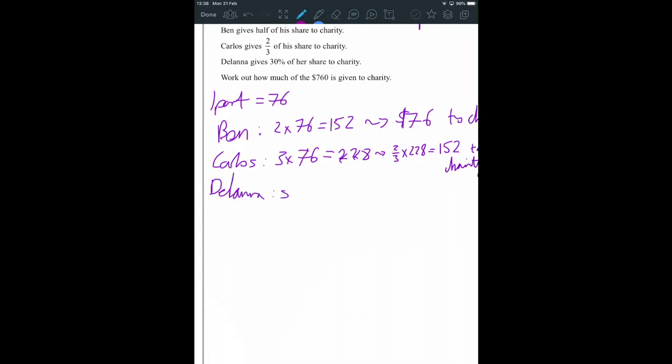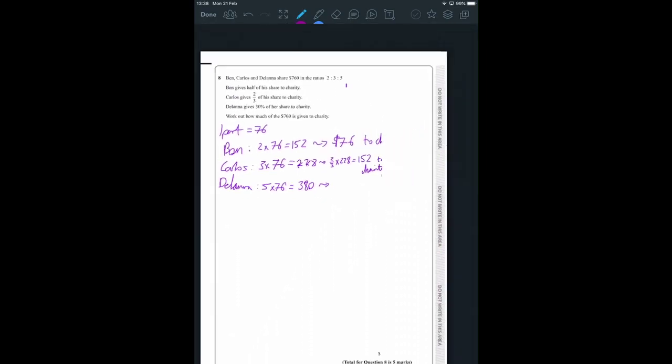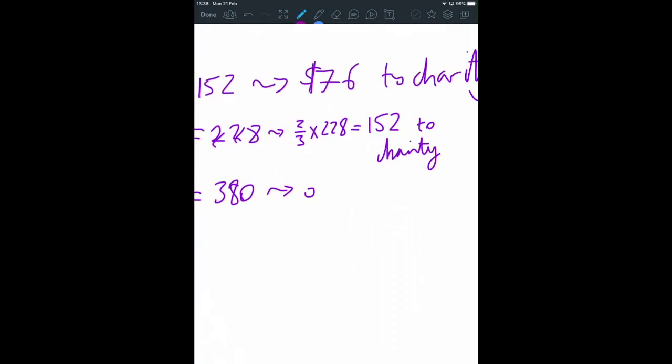and then 30% for our final section. So here we get 5 lots of 76, which is 380. 30% of that, so that's 0.3 lots of, times that by 0.3 gives another 114 to charity.